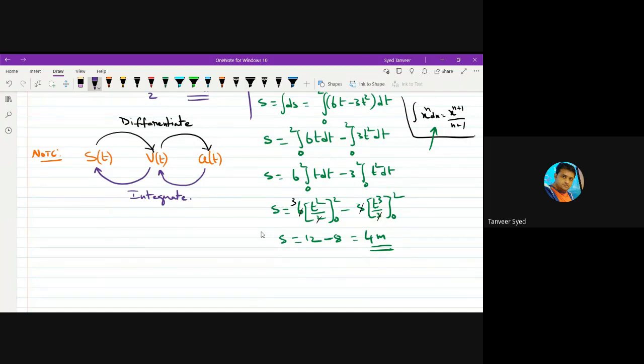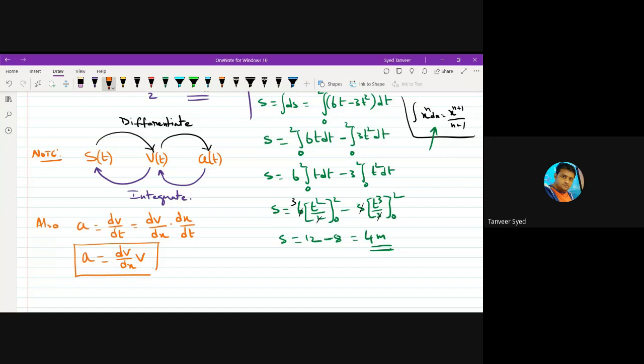And one more point. I can write acceleration as dv by dt, which can also be written as dv by dx into dx by dt, chain rule. dx by dt is nothing but velocity.